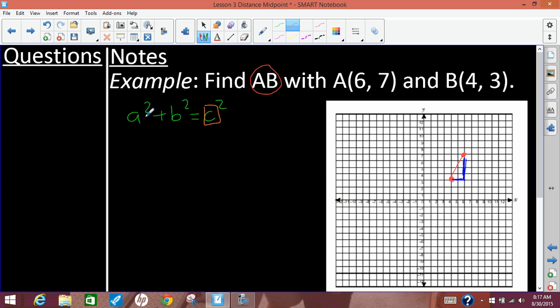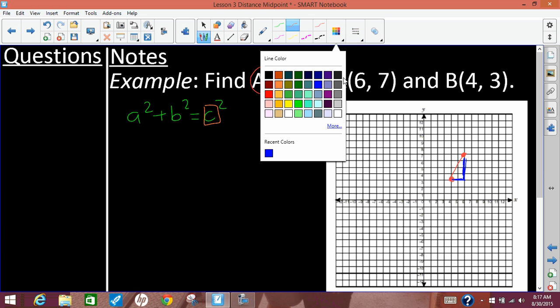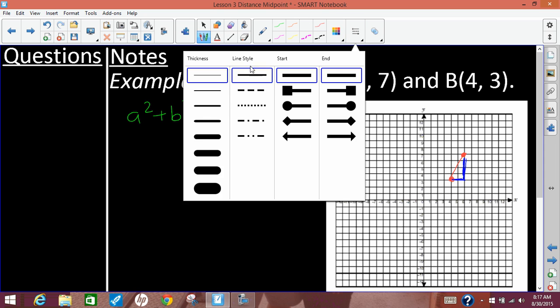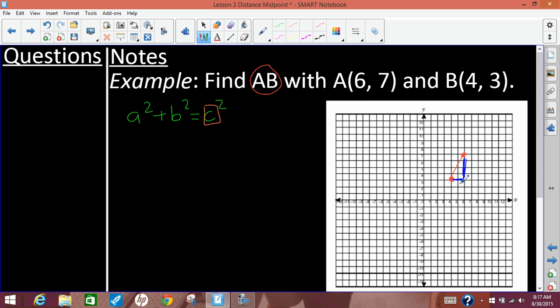We find A and B simply by subtracting the x's, so we can get this length. We can get A by subtracting the x values, and we can get B by subtracting the y values. So let's do that.